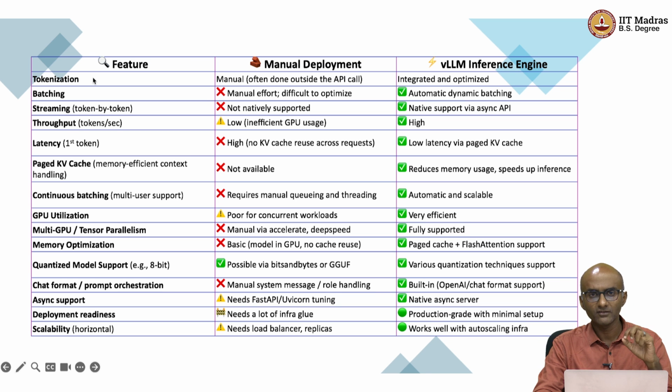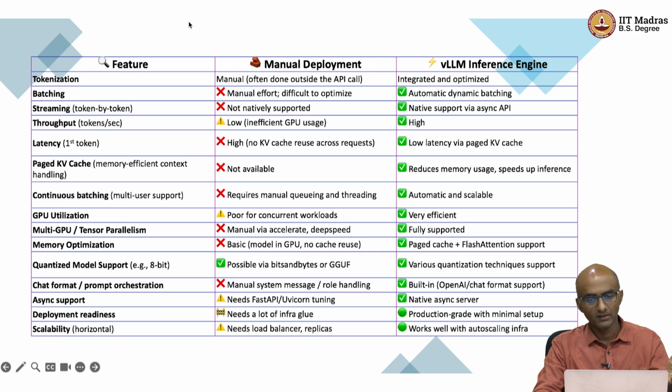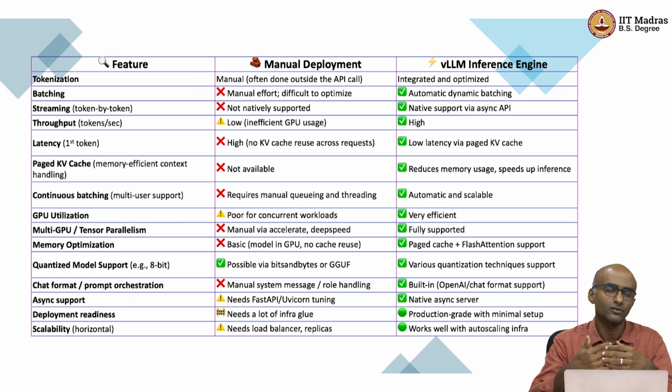Tokens is how the base architecture for LLMs is constructed. So the task of tokenization is such a common task that you want it to be done as fast as possible. In a manual deployment model, the tokenization happens outside the actual LLM call, whereas with vLLM, it's integrated and optimized, and that makes a huge difference in terms of latency.